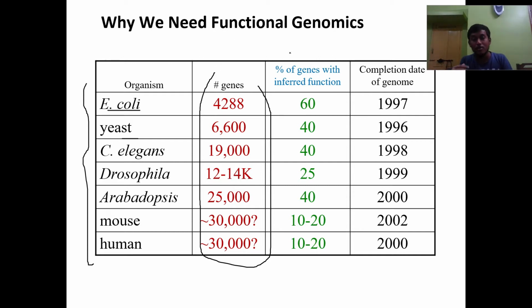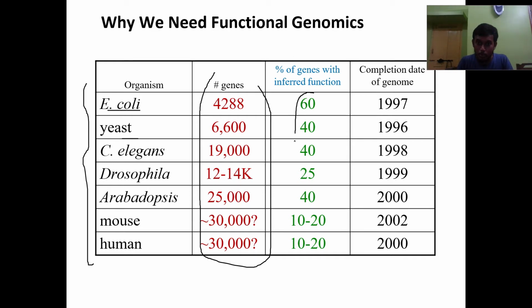The number of genes with functions is calculated from the total number of genes present in an organism, so that we get to know how many genes are important, what their function is and how they are regulated.